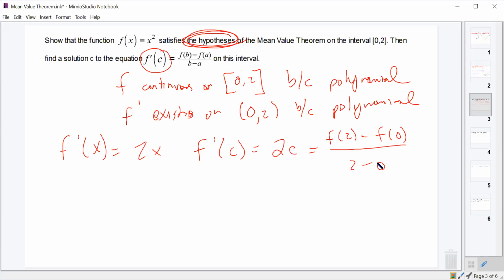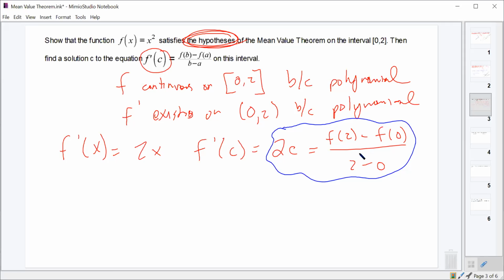Everybody good with that setup there? That's our f prime at some c value that should be between 0 and 2 is equal to f of 2 minus f of 0 over 2 minus 0. Good or no? Good. Okay, wonderful.